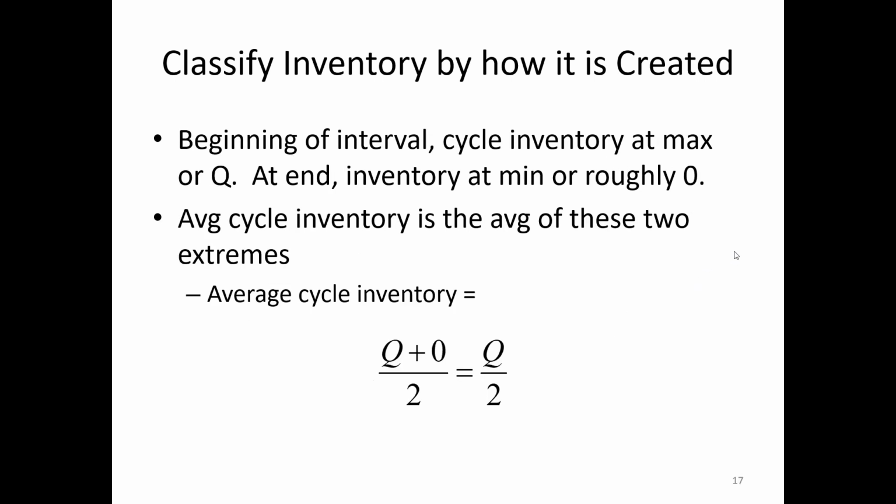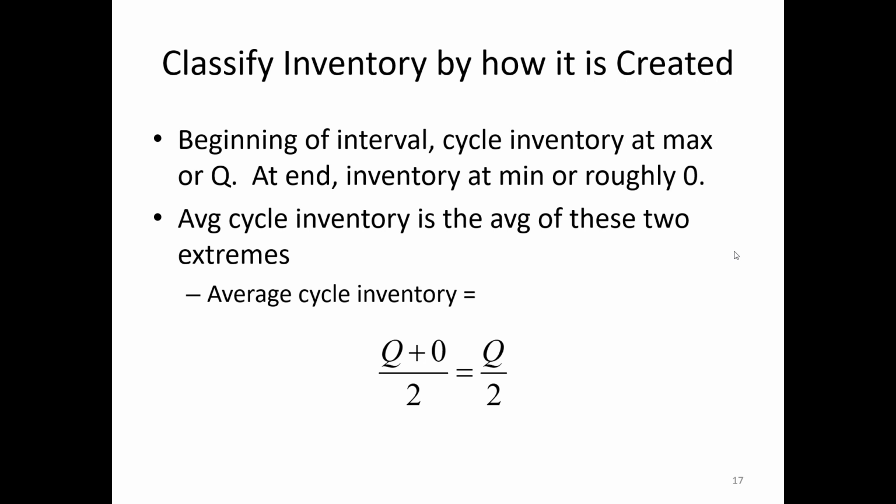What we're working towards here is the average cycle inventory, because we need that for our calculations. At the beginning, cycle inventory is at its maximum, size Q. The whole order comes in, and we haven't sold anything yet.